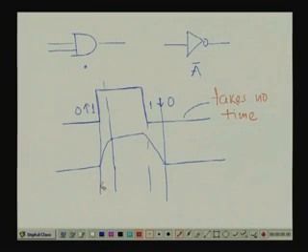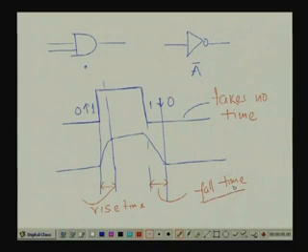So, this is the time it needs for the rise and this is the time it needs for the fall. These we are calling the rise time and the fall time. If the x axis is the time axis, then it takes a finite time for this switching, either from 0 to 1 or from 1 to 0.